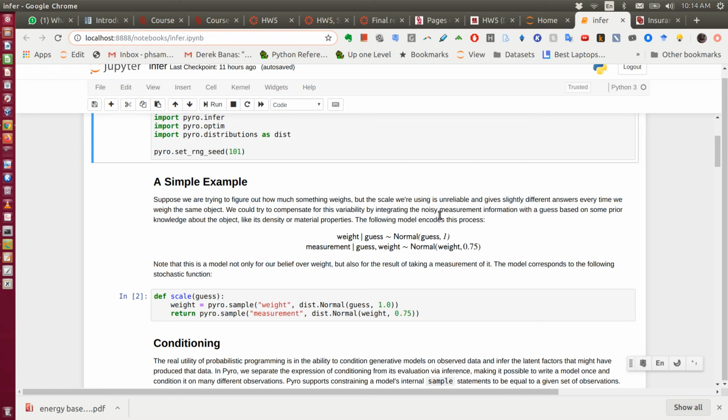Usually when you have a Gaussian with a number here, I don't think the convention is standardized. Some people will consider this as a variance, some as a standard deviation. I believe here they assume this is the standard deviation, with standard deviation 1. And this is the ground truth, the true weight.